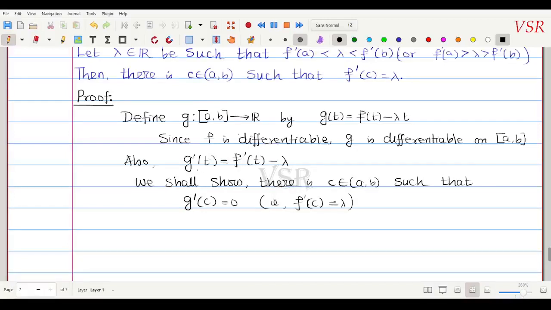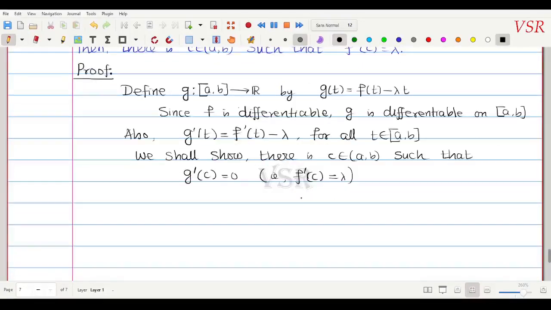This holds for every t in the closed interval [a, b]. So what I am going to prove is that there exists C in the open interval (a, b) satisfying g dash of C equal to 0. Therefore we get f dash of C equal to lambda.